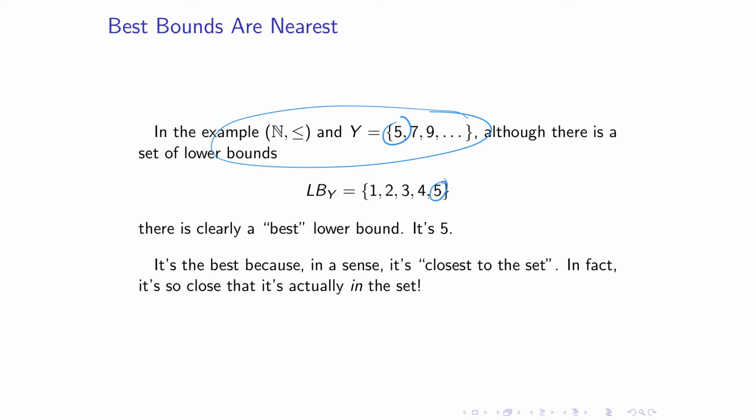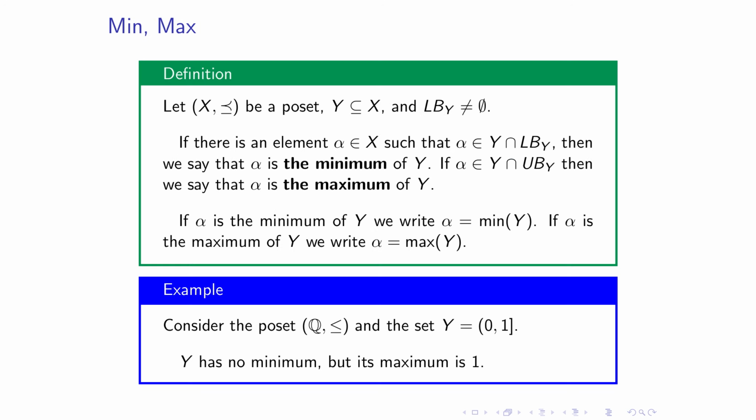I think that in some sense the best lower bound is the one that is nearest to the set, and in this particular case that's the number 5. And so whenever you have something that is a lower bound but also in the set, that is a fairly distinct best lower bound. Conversely, for the upper bound, if an upper bound is in the set, it is clearly the best of the choices of bounds.